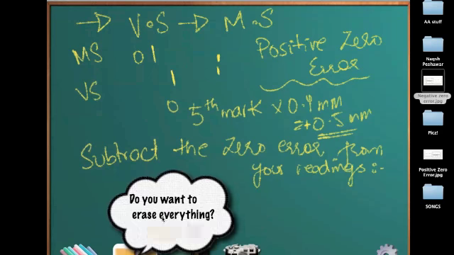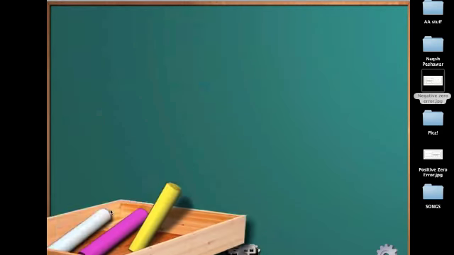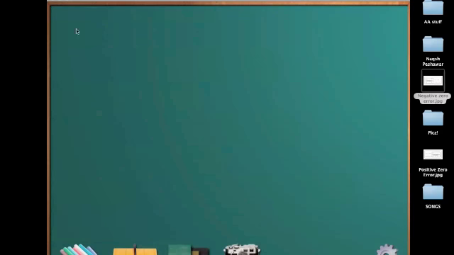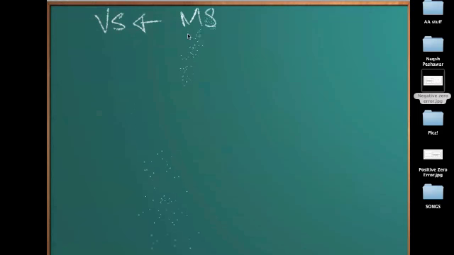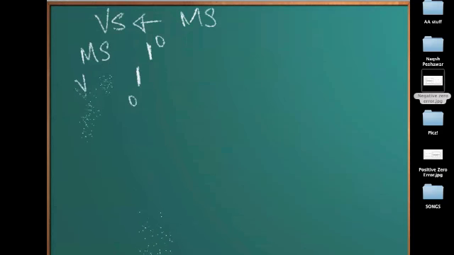However, if the vernier scale reading is on the left hand side of the main scale reading, for example, in such a situation, initially this is the main scale and this is the vernier scale. If this is the situation, you have a negative zero error.